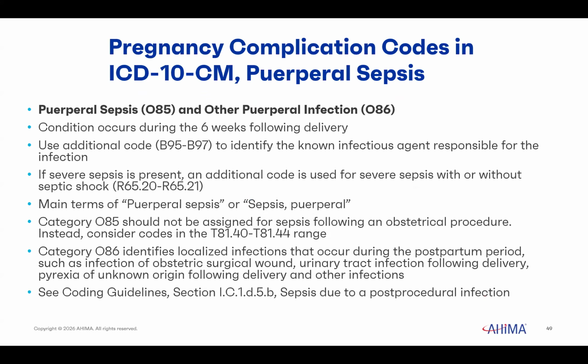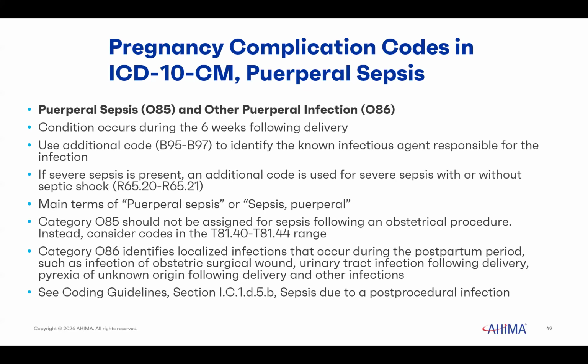Finally, we get into puerperal sepsis and other postpartum infections falling into O85 and O86. These are conditions that occur during the 6 weeks following delivery. We use an additional code of B95 through B97 to identify the infectious agent responsible for the infection.